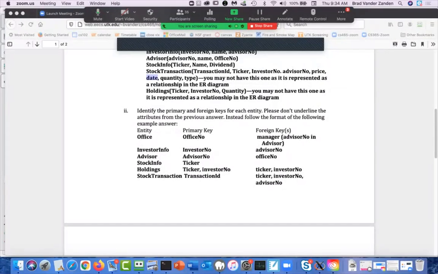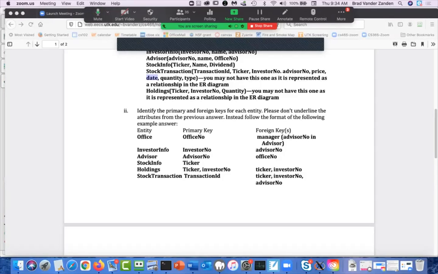I may have an investor purchase the same stock on the same day, same quantity at the same price, and that would make two identical entries. And hence I need separate transaction IDs for them. So I would probably create an artificial key for stock transaction, whereas there's really no good reason to create an artificial key for holdings.